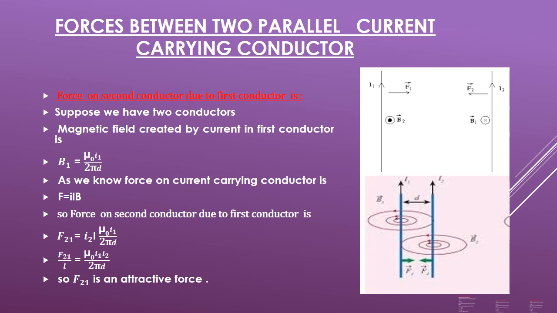How do we find it? We will find the total force on this length L, and this total force is divided by length L and it will give force per unit length.